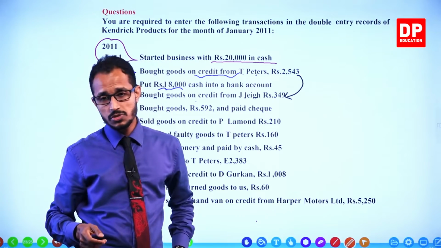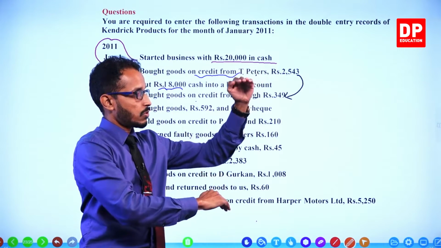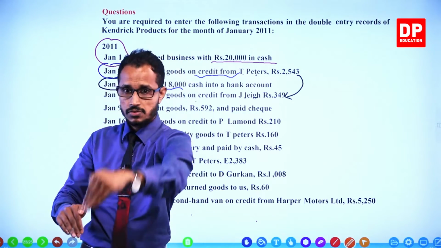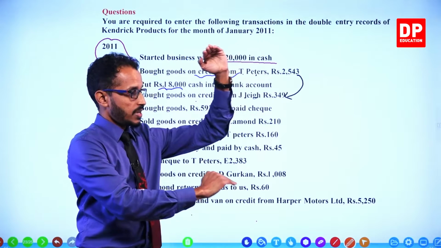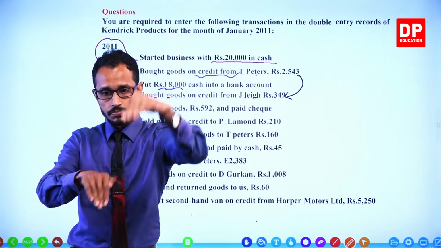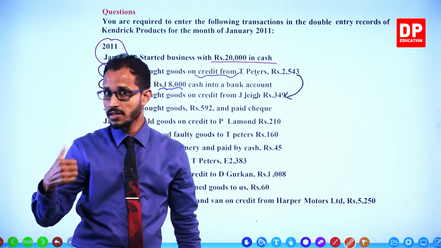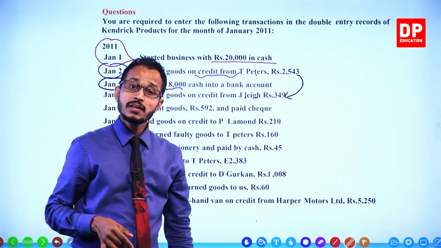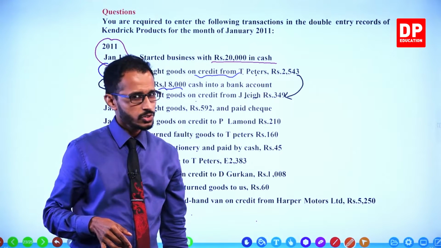Buying goods means goods increase. More and more goods come into the business, right? So goods coming in, ins are always debited. So which account should be debited? Goods account?